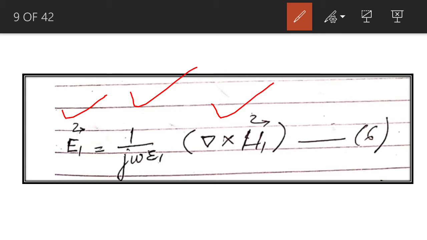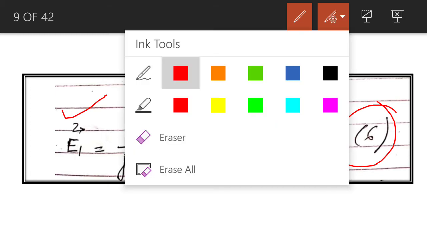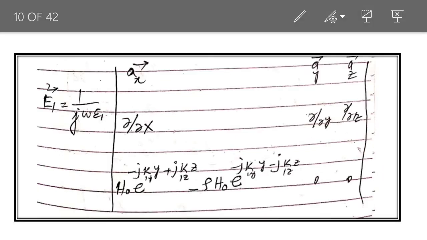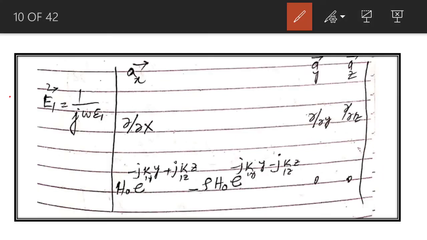So let us expand this equation number 6. Let us process equation number 6. So E1 is equal to 1 over j omega epsilon 1, and the curl of the magnetic field intensity can be computed with the help of this determinant.